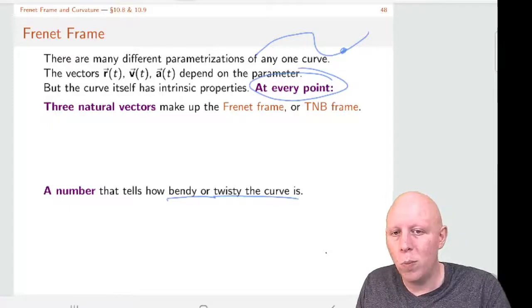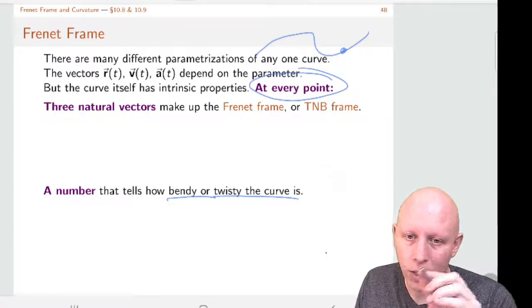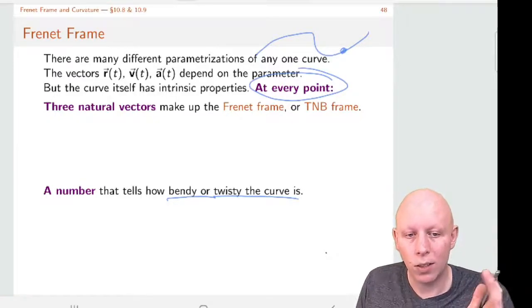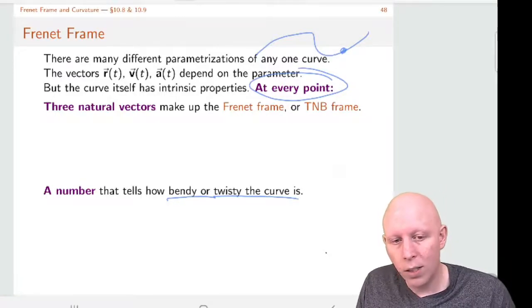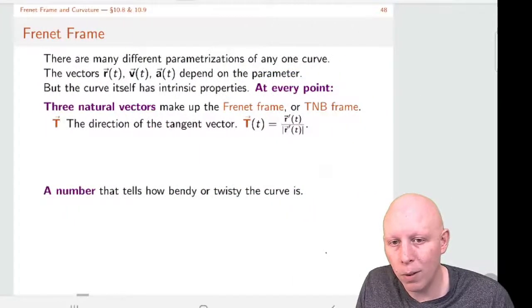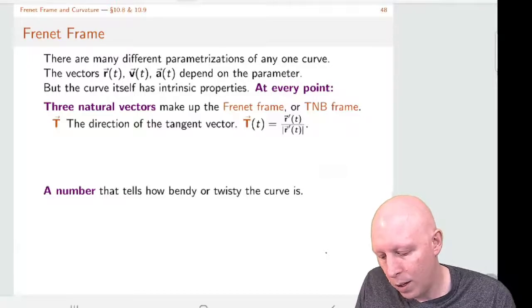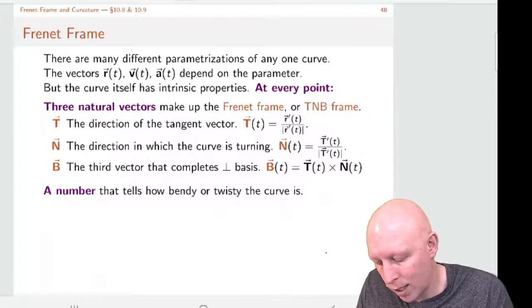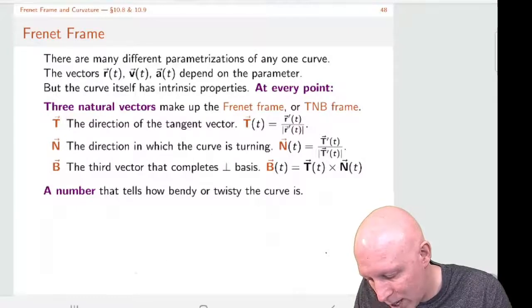So no matter how you parameterize the curve, these concepts are intrinsic to the curve. So let's first talk about this Frenet frame, the TNB frame. Let me put them all down here so that I can draw the picture once and talk about it.